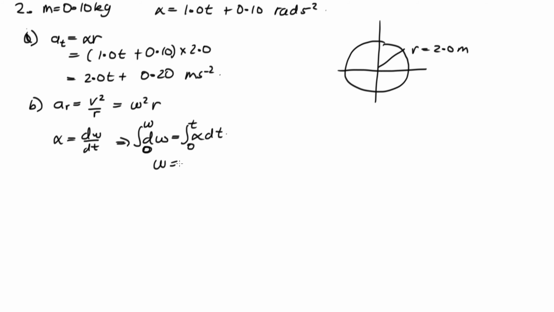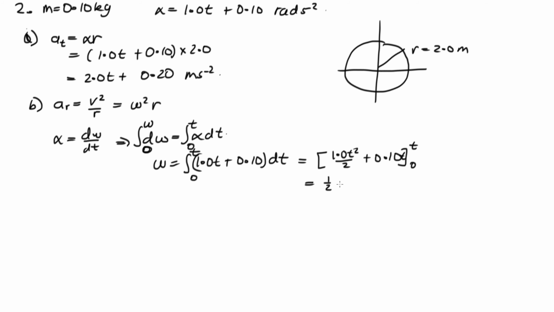So we've got omega is equal to the integral, let's substitute in, of 1.0 t plus 0.10 dt from 0 to t. So doing this integral, we've got 1.0 t squared on 2 plus 0.10 t, and we're evaluating from 0 to t. When we put in 0 to both these terms, it's just 0. So when we evaluate this, we end up with a half t squared plus 0.10 t.